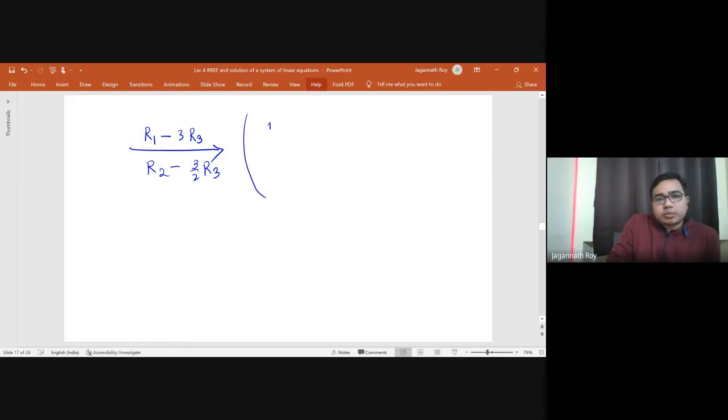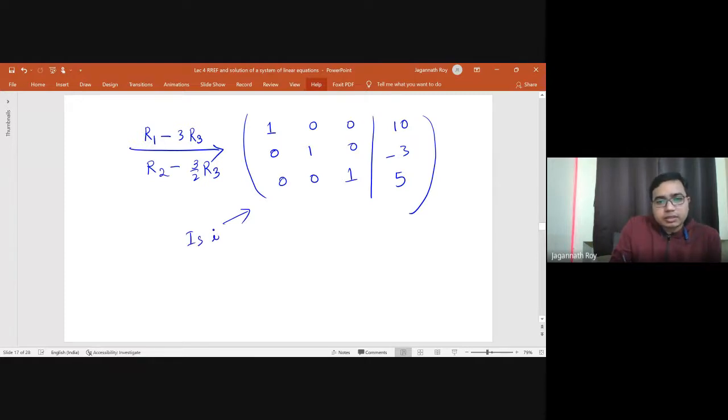So what happens? 1, 0, 0, 0, 1, 0, and then 0, 0, 1. And the separator line entries are 10, minus 3, and 5. So this is now, is it RREF? Answer is yes.